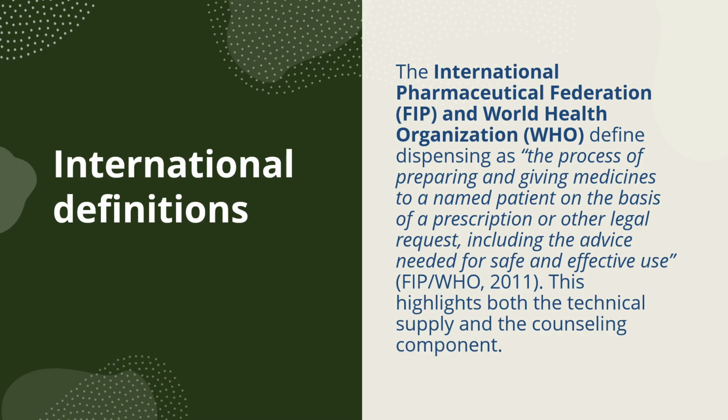WHO is an agency of the United Nations. Basically, what they do is they coordinate international public health issues and emergencies. If you've heard of COVID-19 or Ebola, I'm sure you would have heard of WHO, right? So they set standards of how health systems should respond.